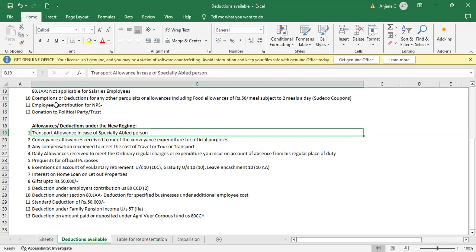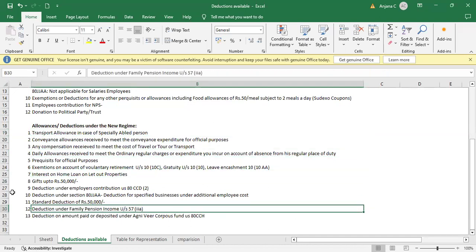Deduction under section 80JJAA, which is not applicable for salaried people, and hence shall not be further elaborated. Standard deduction of 50,000 is allowed. Deduction under family pension scheme under section 57(2)(a) is also allowed. And deduction on amount paid or deposited under Agniveer Corpus Fund under section 80CCH is allowed.